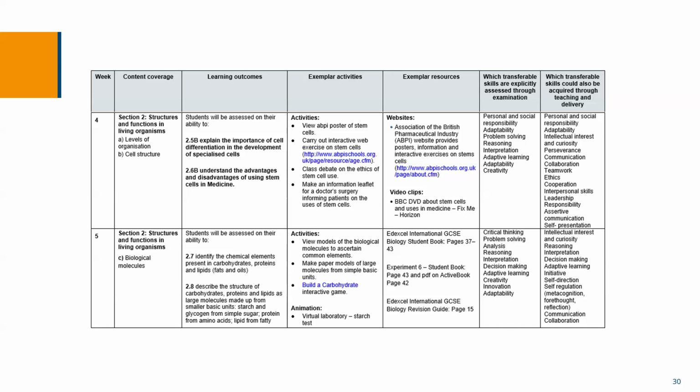We talked earlier about transferable skills, so it shows you what's available with transferable skills that can be used as part of that. So those are the schemes of work.